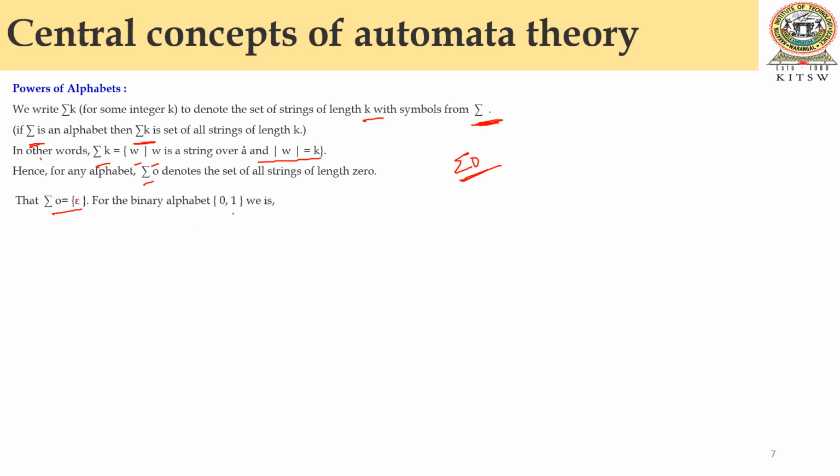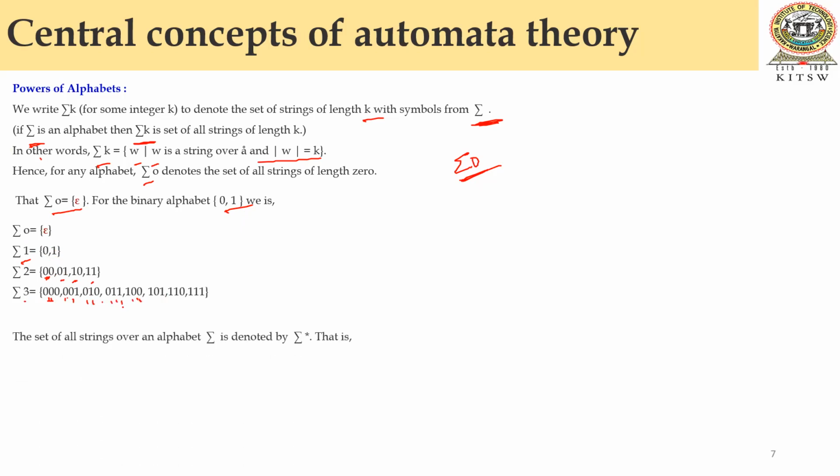For the binary alphabet 0 and 1, sigma 0 is equal to epsilon, sigma 1 is equal to 0 and 1, and sigma 2 is equal to 0 0, 0 1, 1 0, 1 1, two symbols each. Sigma 3 has length 3: 0 0 1, 0 1 0, 0 1 1, 1 0 0, and so on.